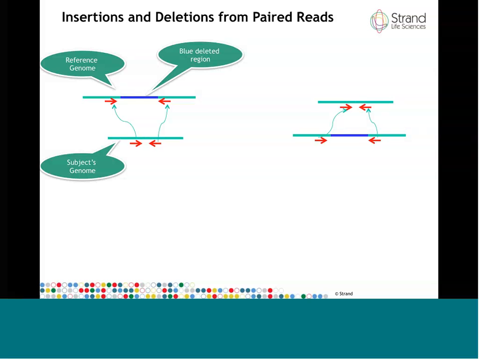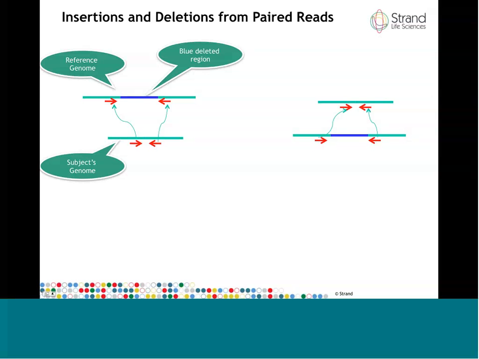The distance between these two reads is expected to be a known insert length distance, because in the assay you've selected for fragments which are in a tight insert length band. On the subject's genome, let's say you expect these two reads to come from within 200 base pairs of each other. Now when you map these reads to the reference, because there's an intervening blue region that was deleted in the subject's genome, the mutual distance is actually much more than 200.